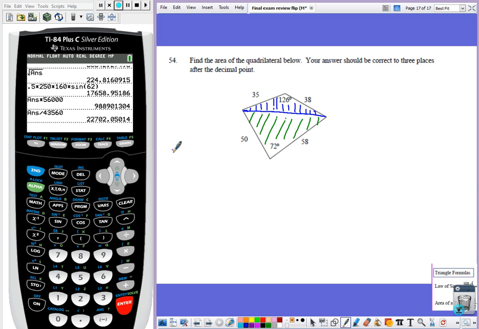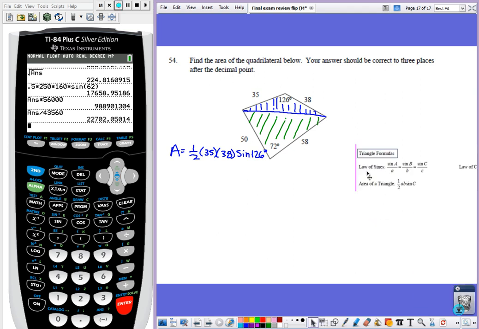So the area of the blue triangle is 1/2, and it's B times C. Right? These are the 2 sides and the angle that's included, so we would just have 35 times 38 times sine of 126. Right? So we could be using our formula. I'm sorry I didn't pull that out.